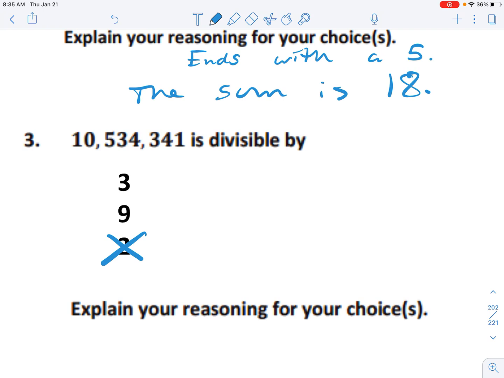Now we have to add these up because 3 and 9, that's the rule. So 1 plus 0 is 1, plus 5 is 6, 6 plus 3 is 9, 9 plus 4 is 13, 13 plus 3 is 16, 16 plus 4 is 20, and 20 plus 1 is 21. So the sum is 21. 3 can go into 21, but 9 cannot.